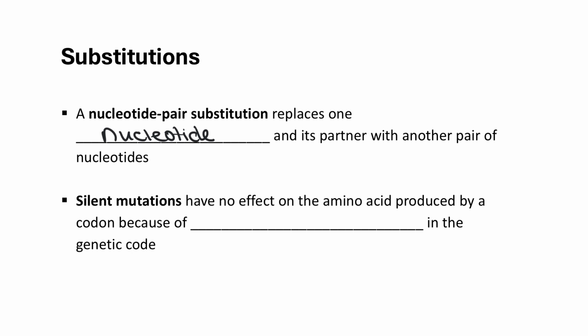Silent mutations themselves have no effect on the amino acid produced by a codon because of the redundancy in the genetic code. Because of that redundancy, because different codons can code for the same amino acid, those could lead to mutations that we don't see. Those are referred to as silent mutations.